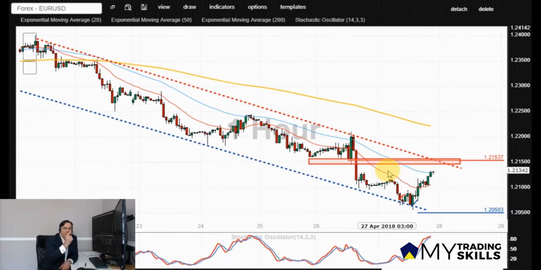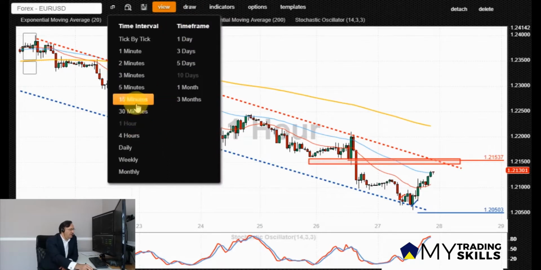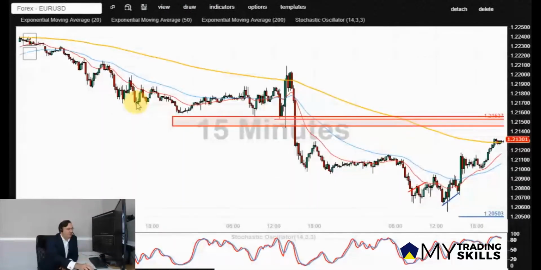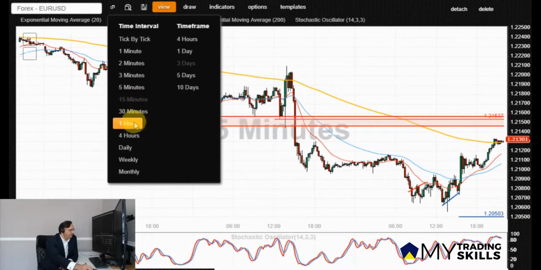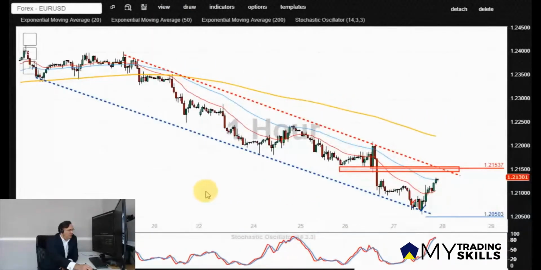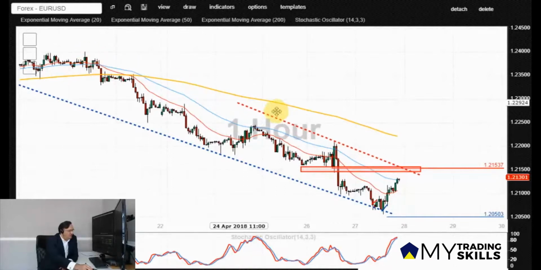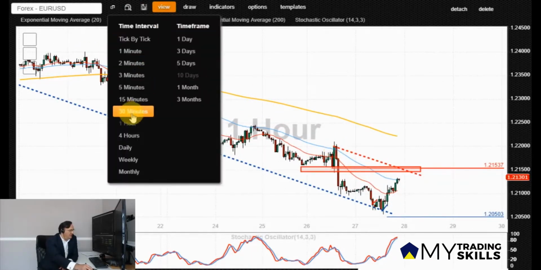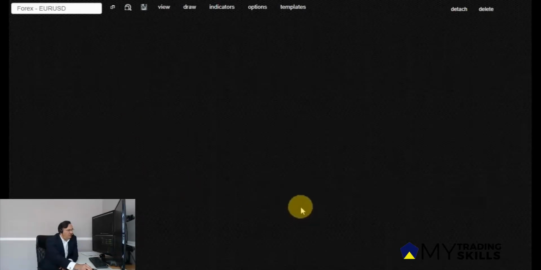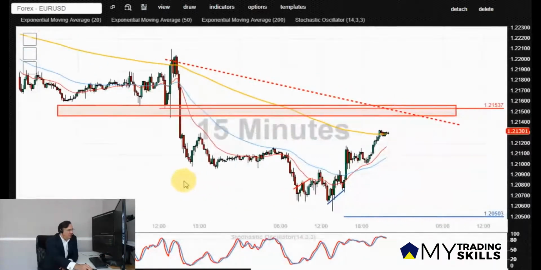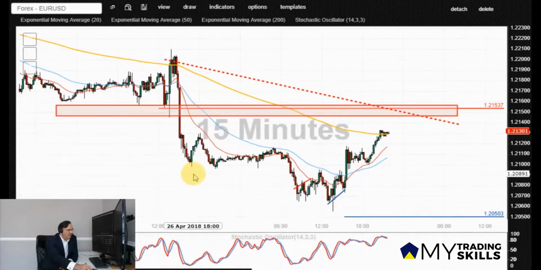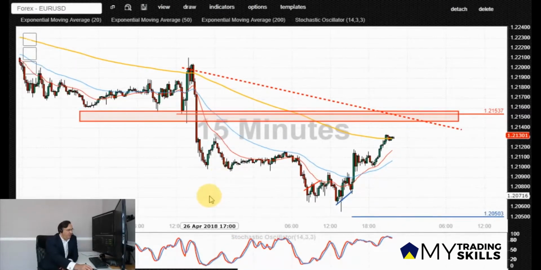Now, let's go into a 15-minute time frame price action and see if we can fine-tune it and find some levels that we should be paying attention to. So I'll just move this trend line down here and keep it intact so that it becomes visible when we go down to a 15-minute. We know that trend line is the one we were looking at from the hourly point of view.